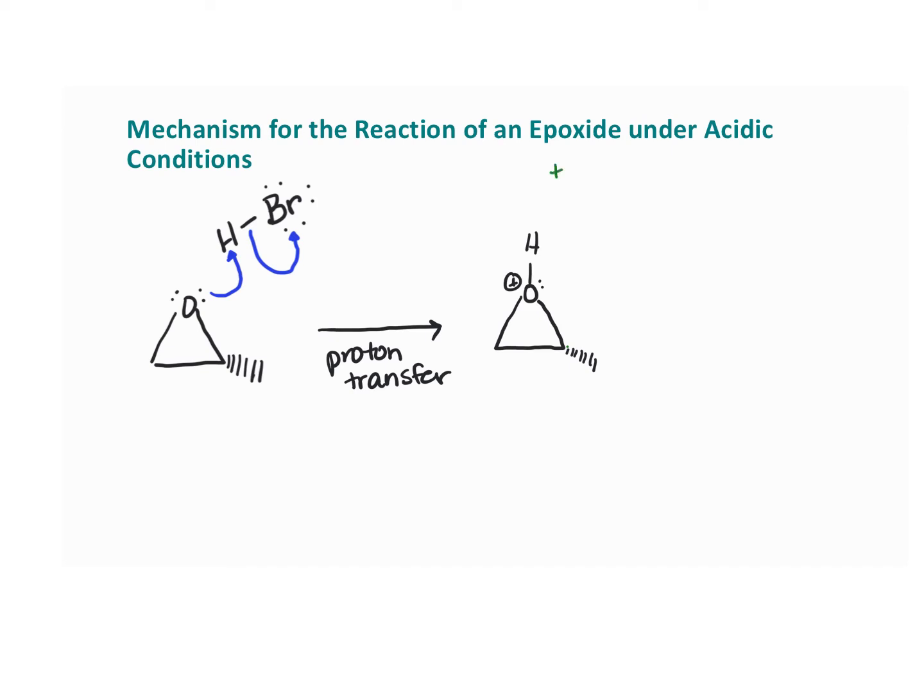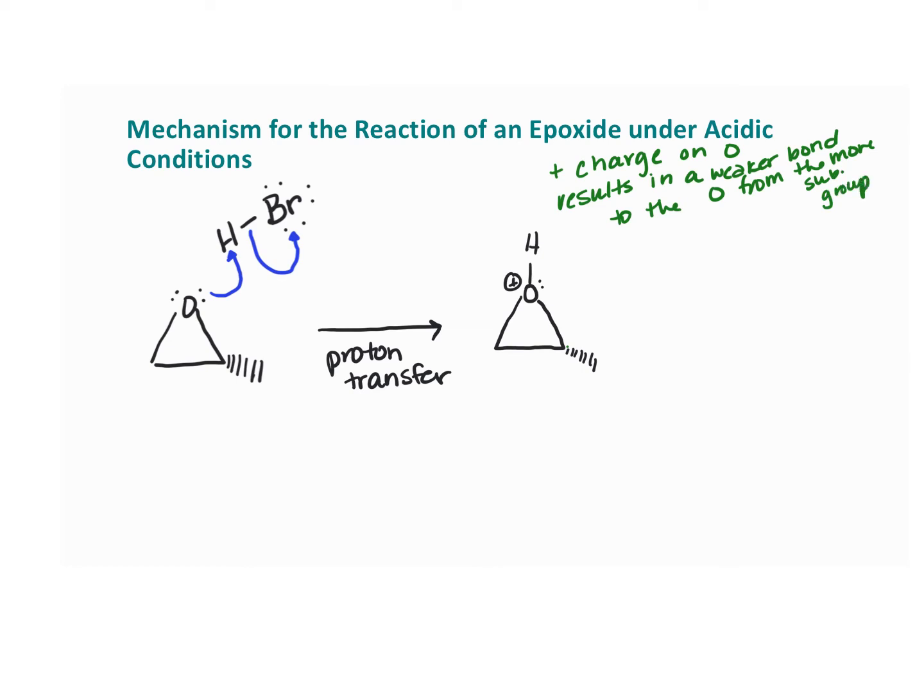So the positive charge on oxygen results in a weaker bond to the oxygen from the more substituted group.